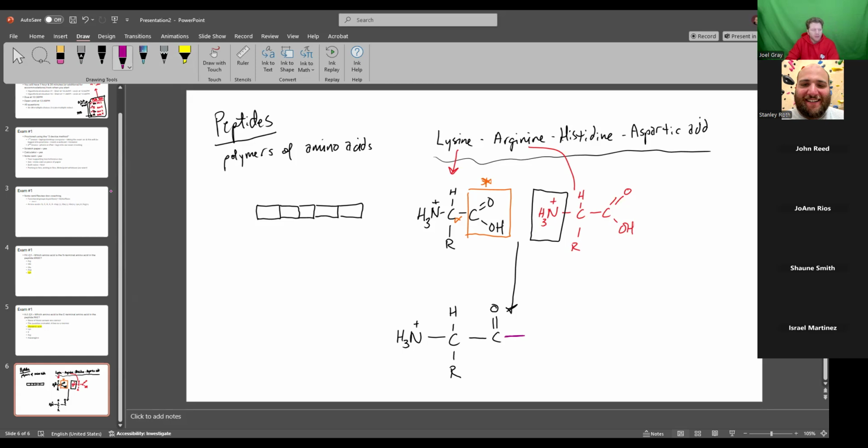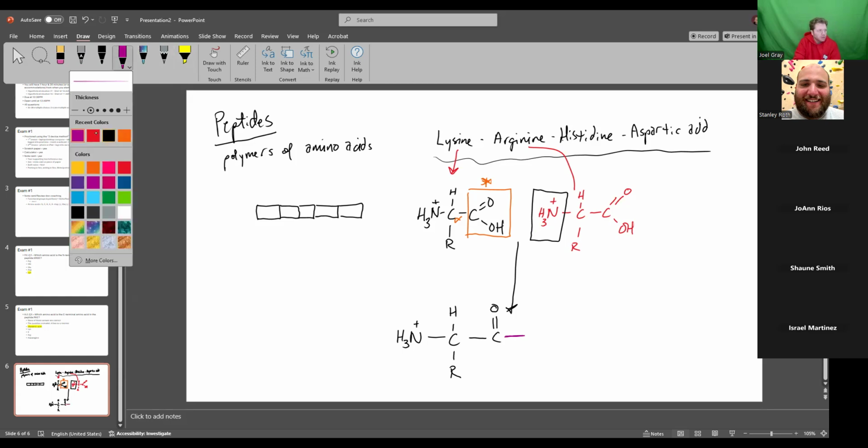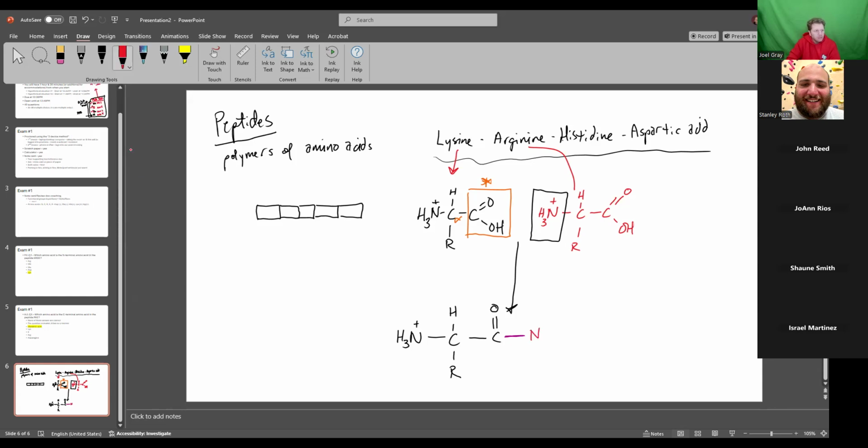That purple line that I just drew is a single bond. And that single bond goes from my carbon to my NH, and now I'm going to go on to make the rest of my backbone for the arginine there.